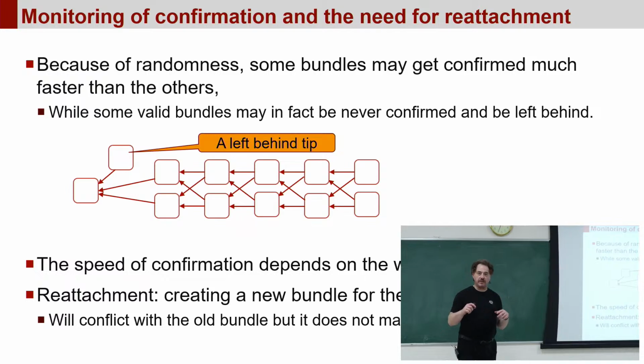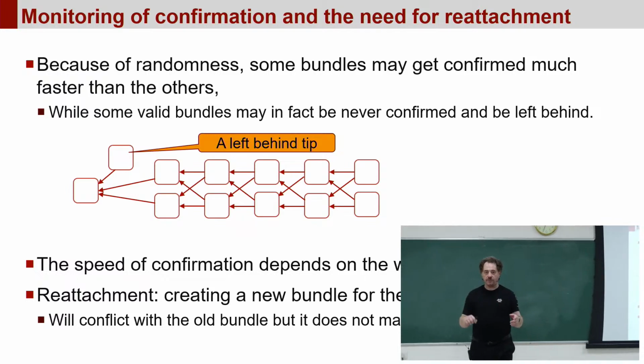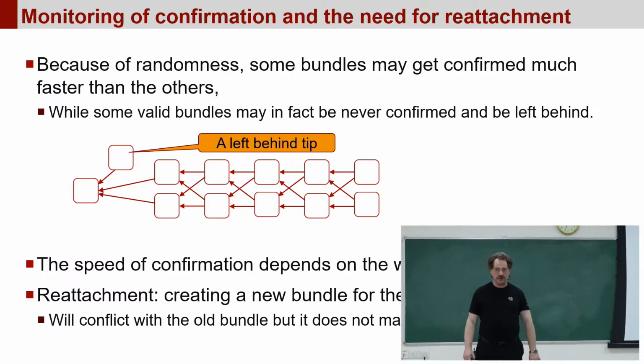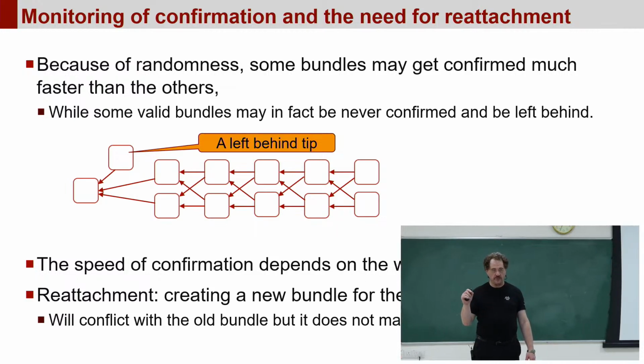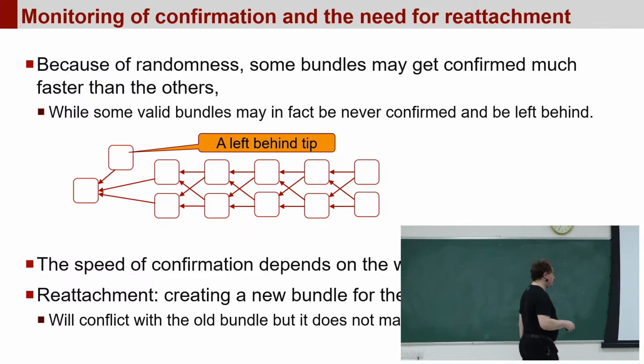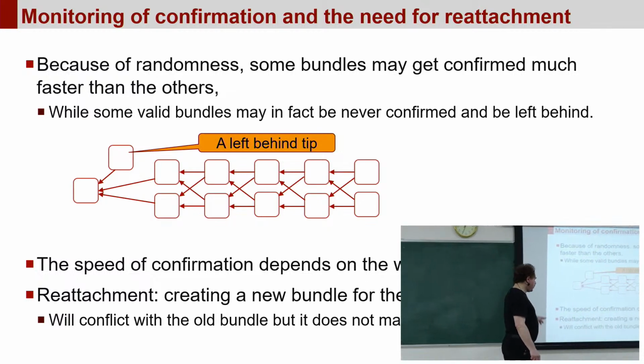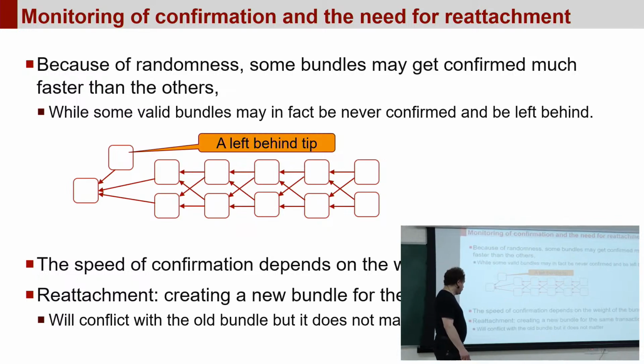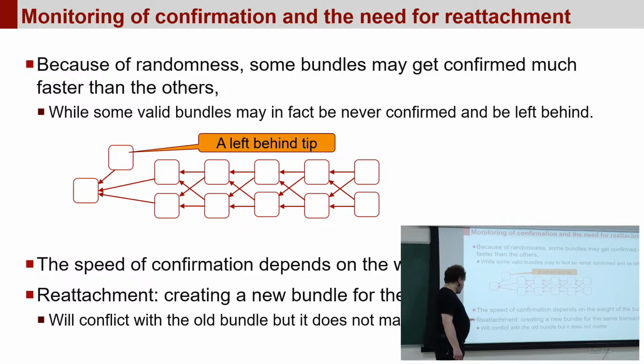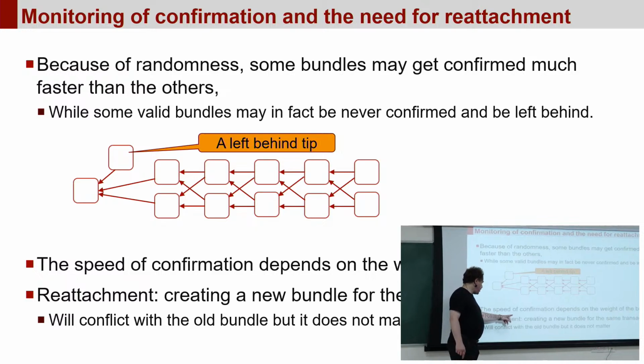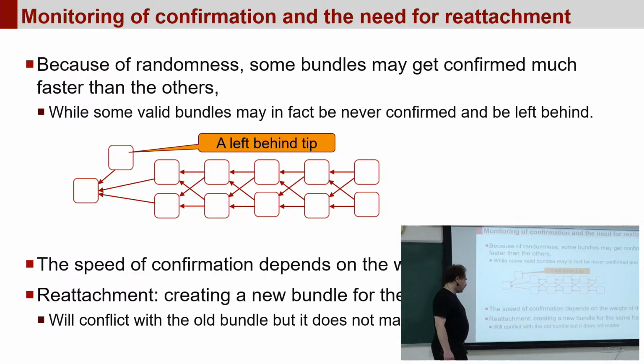Okay, so it means that after you issue the transaction, you need to monitor the DAG not only for inclusion of the transaction, but also for later approvals of that transaction. And the speed of confirmation depends on the weight of the bundle, of course. And here comes the additional mechanism of reattachment.